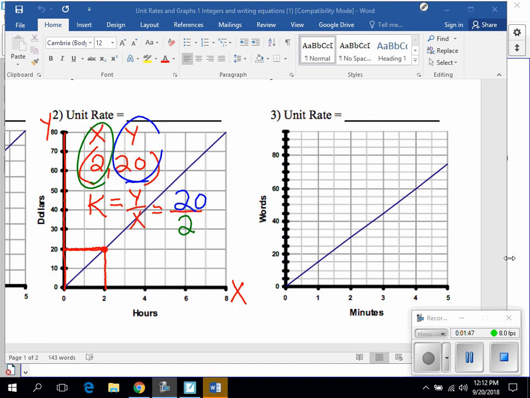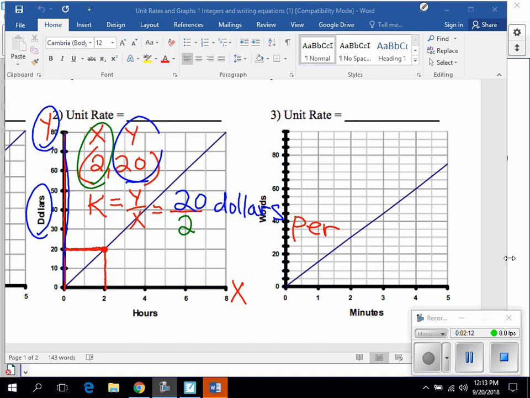The next thing I need to record are my labels. The y-axis has the word dollars written along it. So over here, we're going to record the units dollars in the numerator. In between, we're going to use the word per.